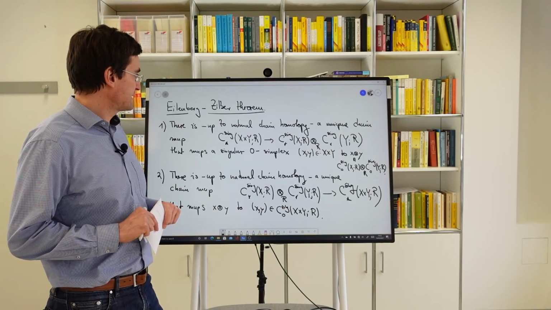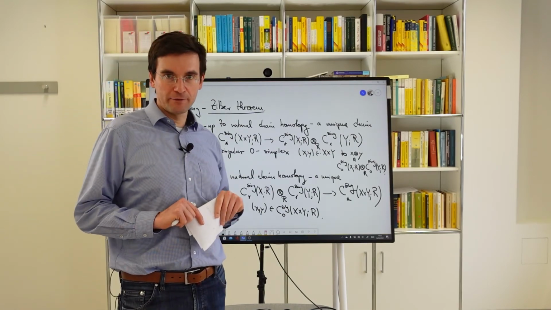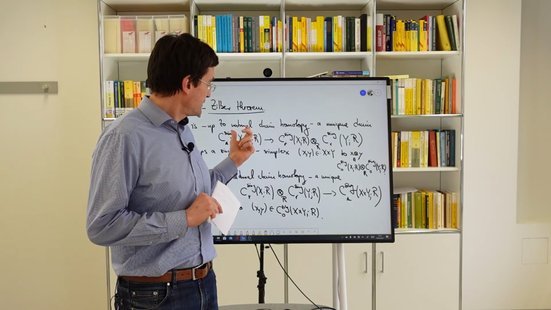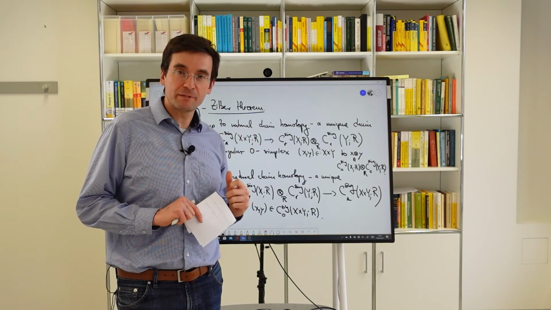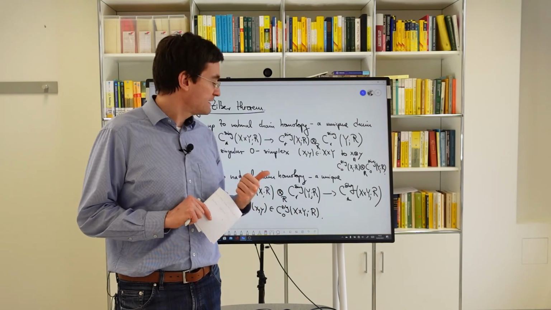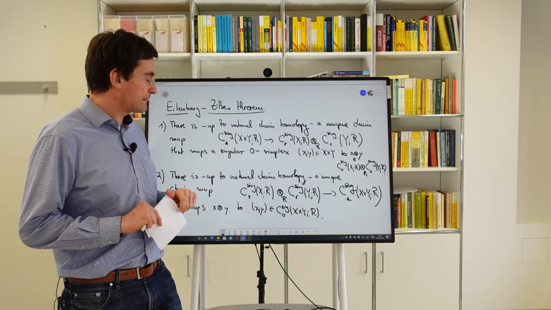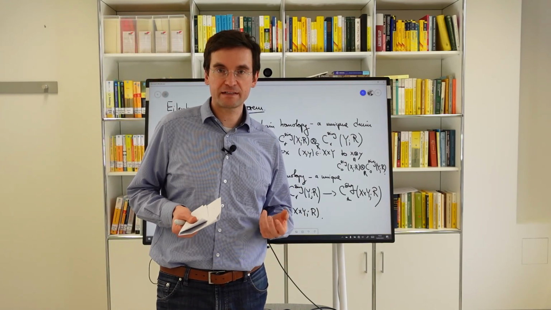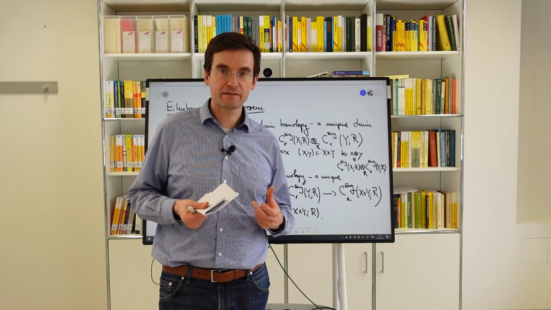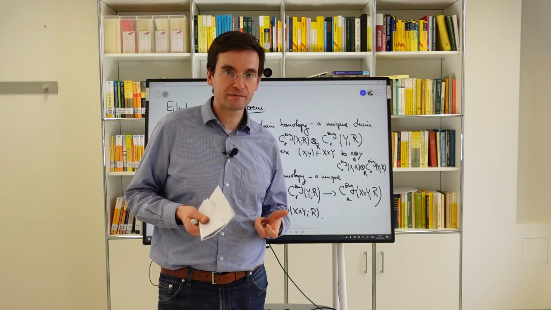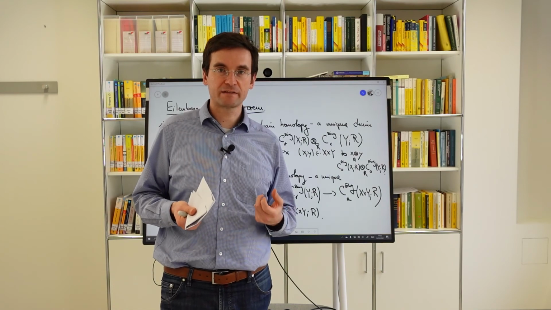It is good to know, it's something that we won't discuss further now, but I should mention that if you take the cellular chain complex and you have CW complexes X and Y, then the product X times Y has a natural CW structure such that the cellular chain complex of the product is even isomorphic to the tensor product of the cellular chain complexes.